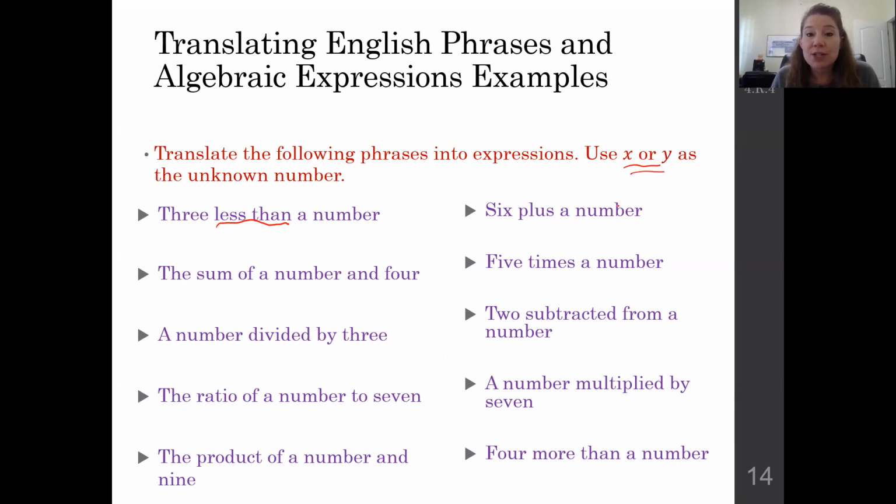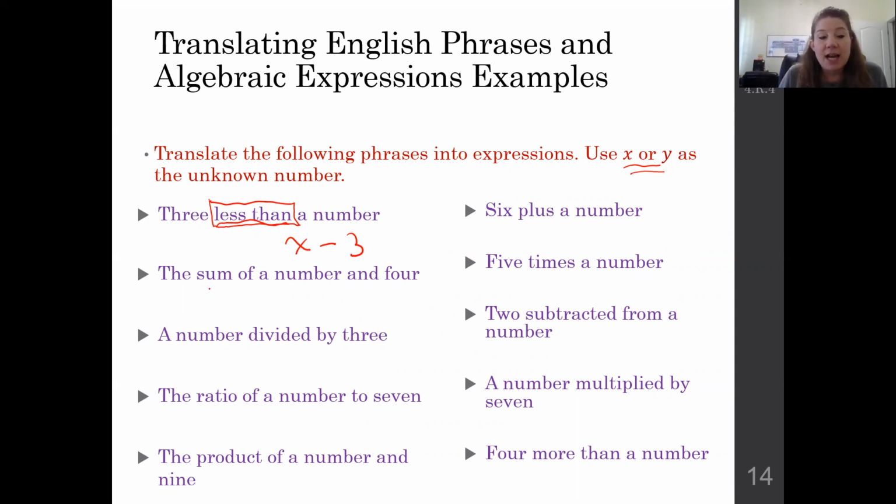So make sure you read the directions carefully because you have to use the variable that they recommend for you. But if I say 3 less than a number, you start with your unknown number and you subtract 3 from it. Since this is subtraction, if you wrote the 3 first in this particular phrase, that will be incorrect. Okay, so less than is probably the main phrase. There are a couple of others, but this is the most popular phrase that you have to know, that you take the order that is given to you and you reverse it.